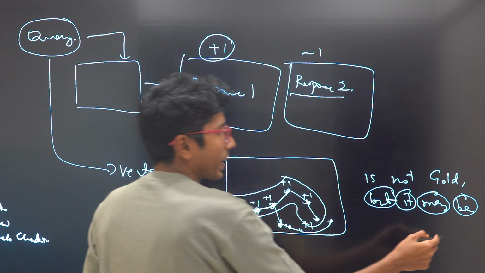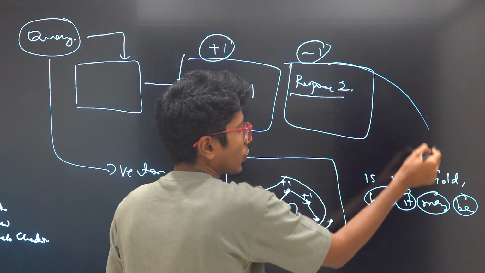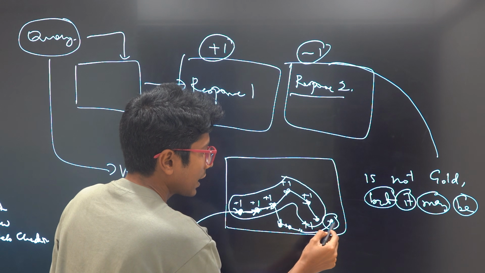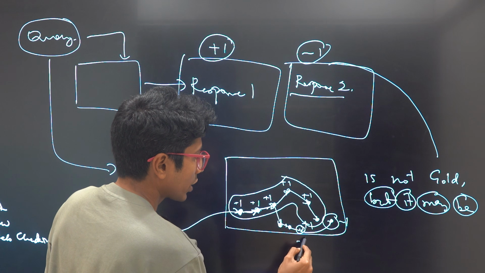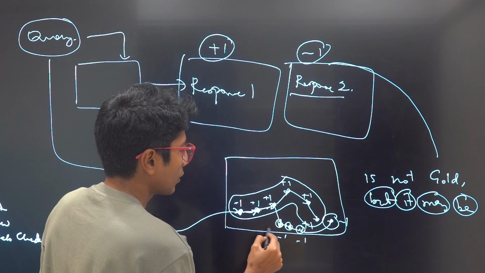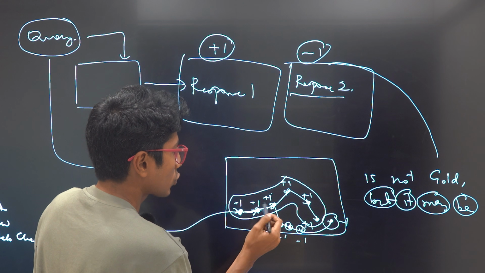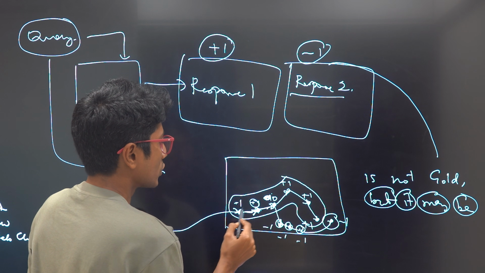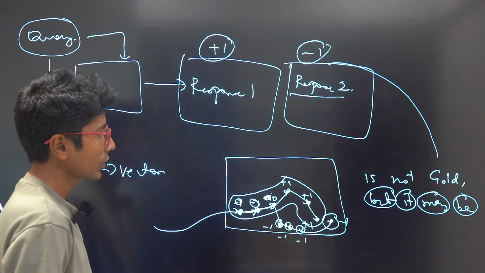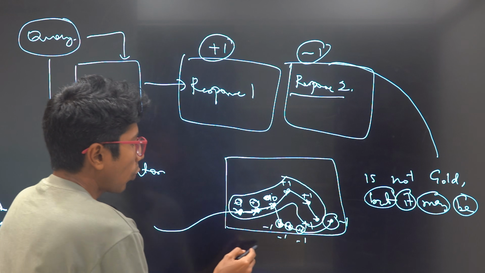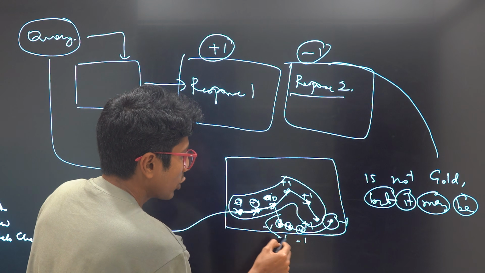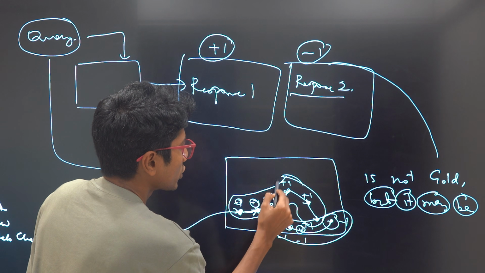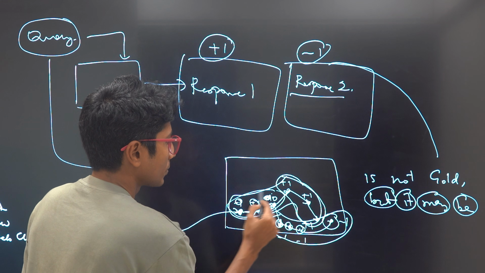Okay, this was bad. It got a score of -1, which means this area gets a score of -1. This also gets -1, -1, -1. -1 plus 1 takes it to 0. -1 plus 1 takes it to 0. -1 plus 1 takes it to 0. So what you're doing is you have a space where you have negative scores, positive scores, and neutral scores.